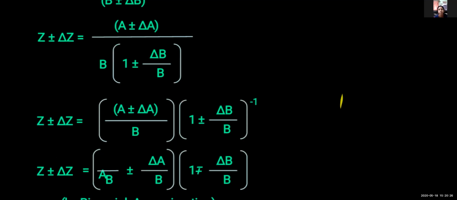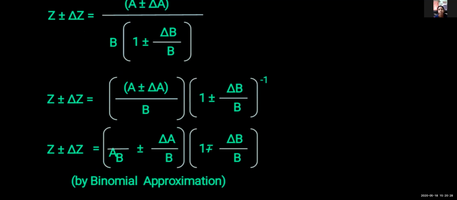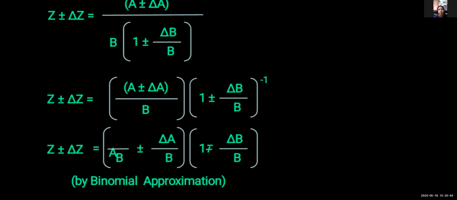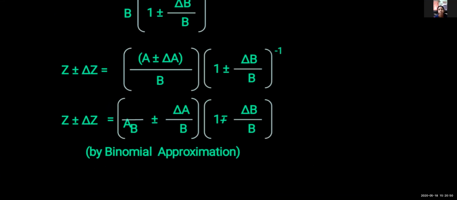And using binomial theorem, binomial theorem is 1 plus x raised to power n equal to 1 plus nx plus n into n minus 1 upon factorial 2.